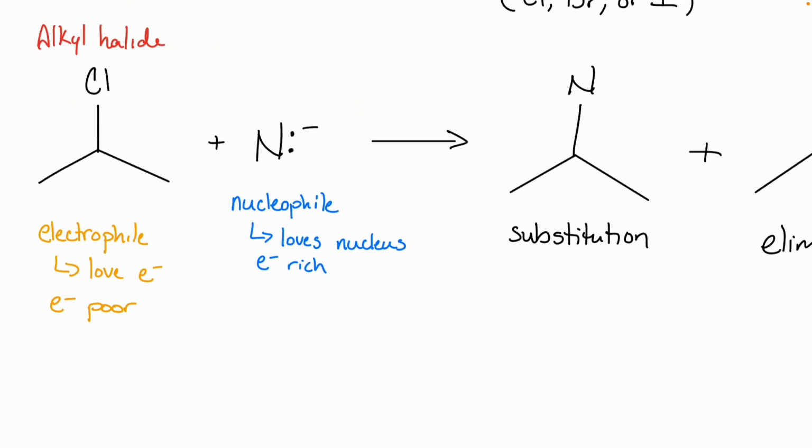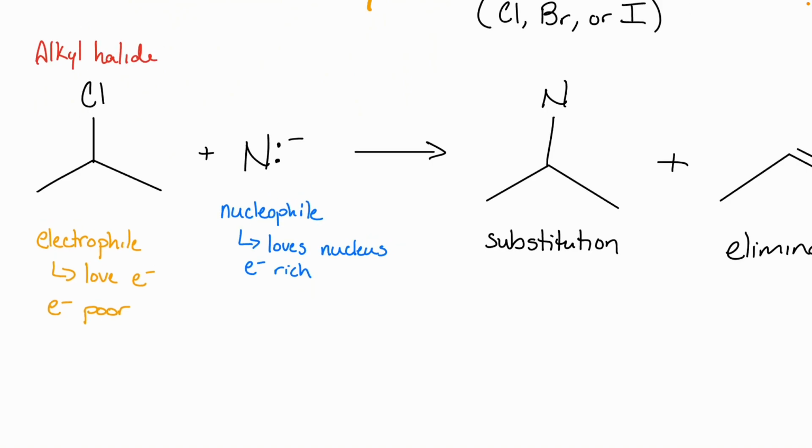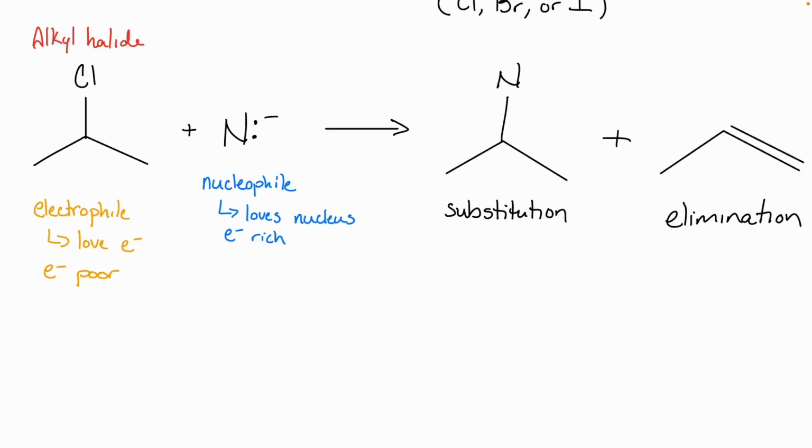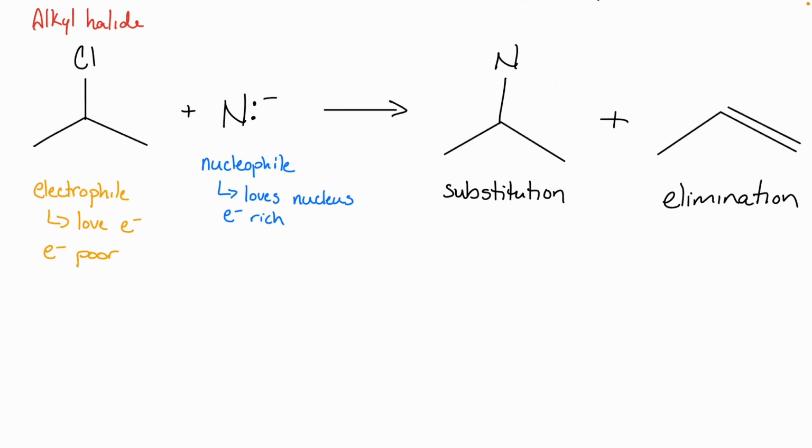They're electron poor. All right, so we're going to see this over and over again in organic chemistry. Nucleophiles react with electrophiles. Again, things that are relatively electron rich will react with things that are relatively electron deficient.